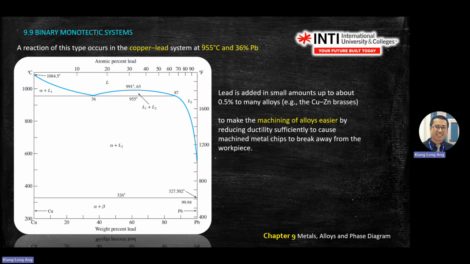Okay, so we add lead into the metals, into the alloy, so that it's easier to do machining. The reason we add this component inside our alloy is to make it easier to machine. It reduces ductility.